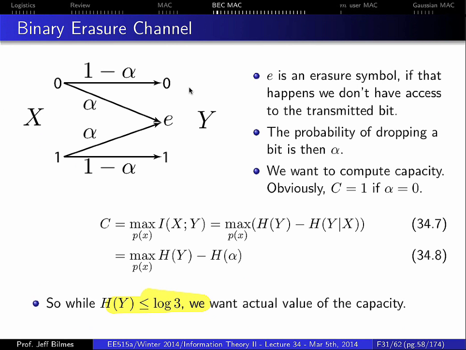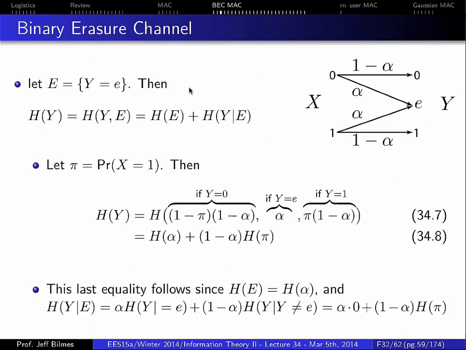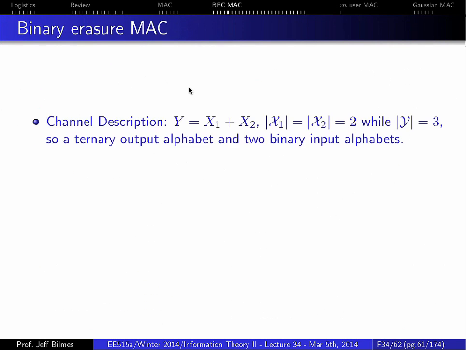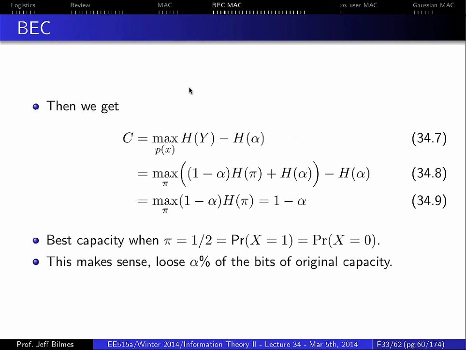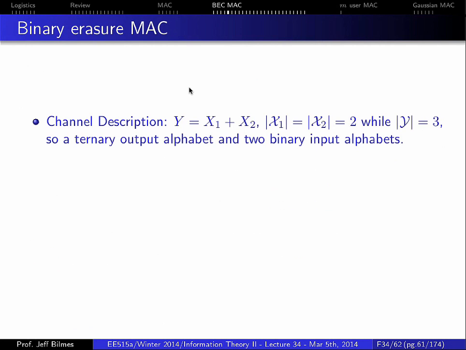We don't know what to do. And it's symmetric. So what's the capacity? 1 minus alpha, exactly. I'm not going to derive it again, but here's the capacity.